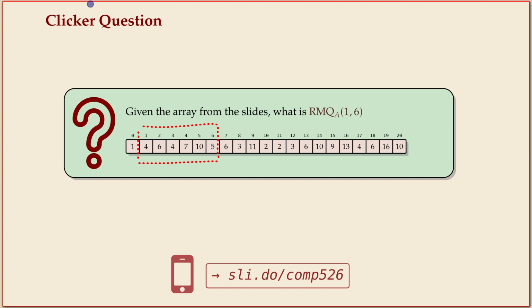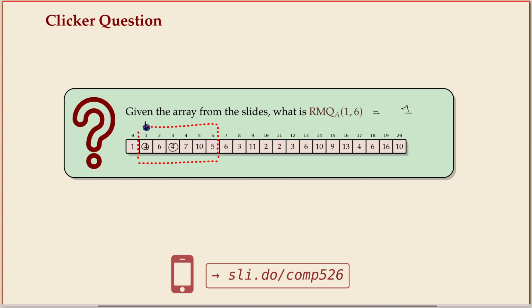Now we're looking for the minimum, and the smallest number in that range is 4, which occurs twice, here and here. And the actual answer that we return is 1, because we're supposed to return the leftmost index of that minimum. And that's here. Okay? That's what this is about.